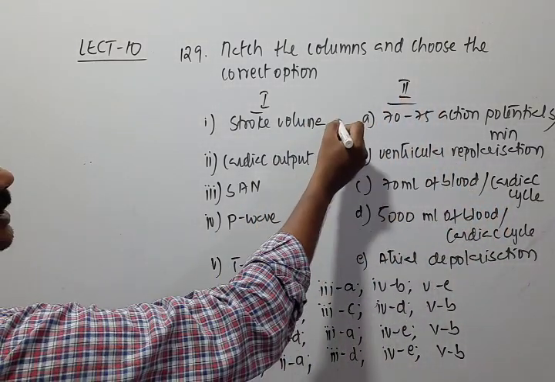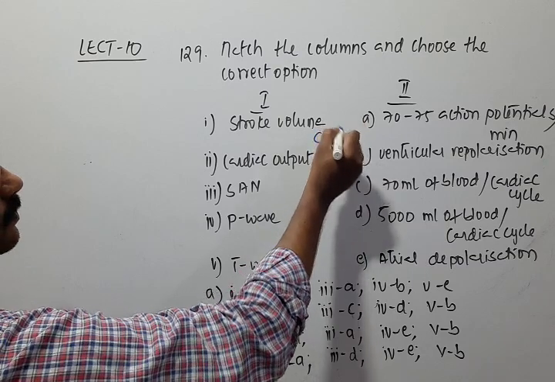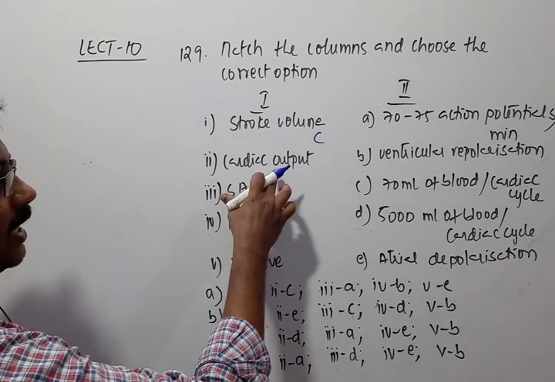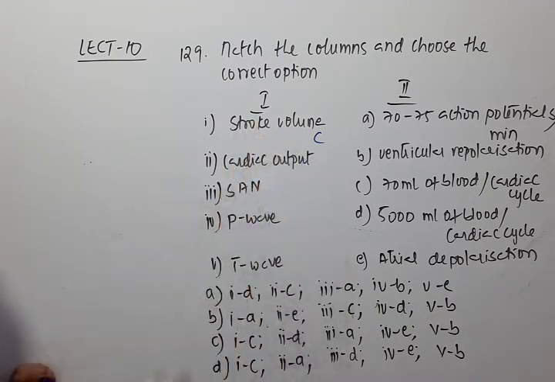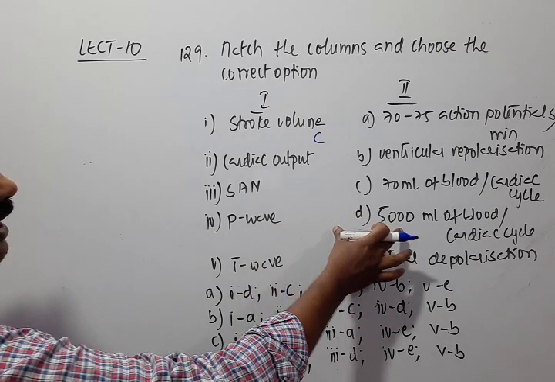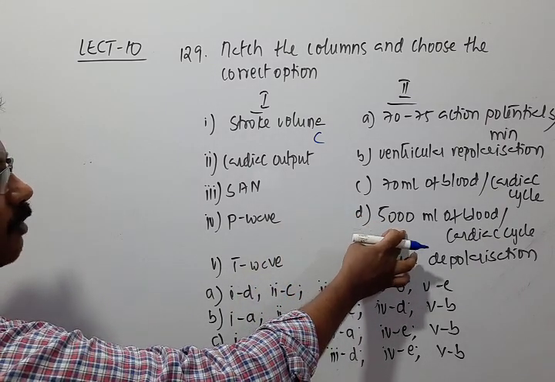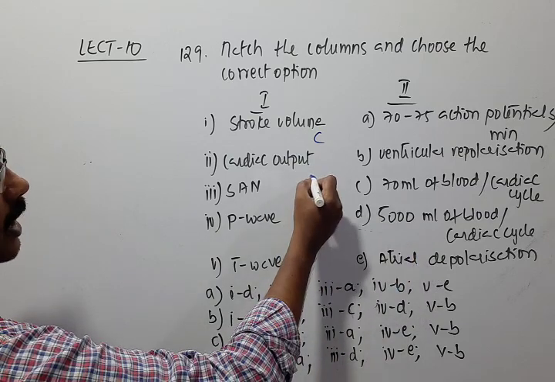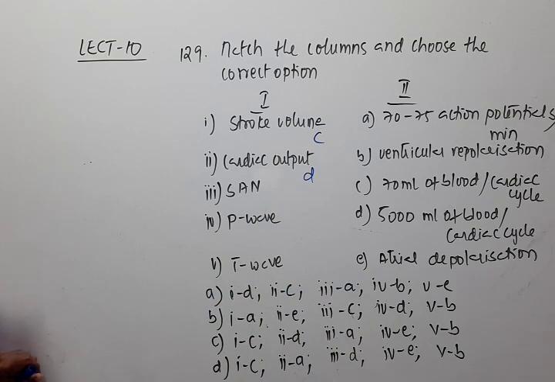So it is C. Then cardiac output. The cardiac output is the stroke volume into the number of beats per minute. So it will be around 5000 ml of blood per minute. So the cardiac output is D.